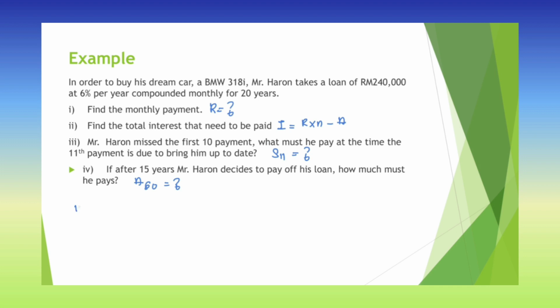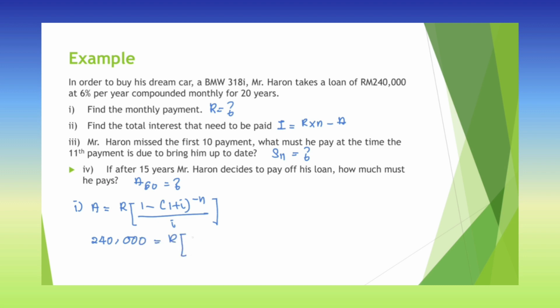Okay, so let us calculate for question number 1. We are going to use A equal to R times 1 minus (1 plus i) to the power of negative n, over i. A here is 240,000.